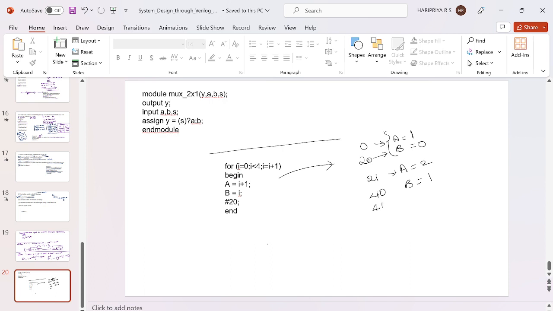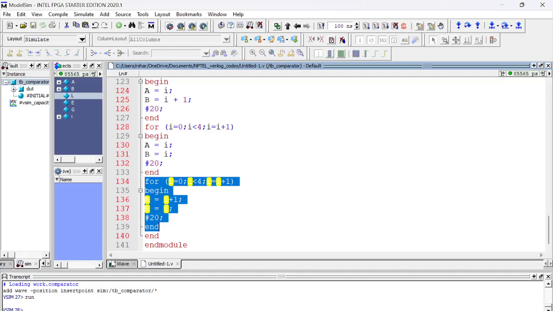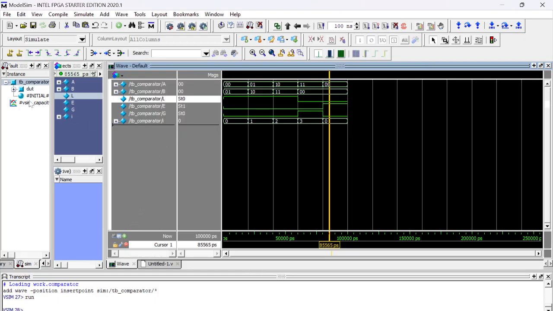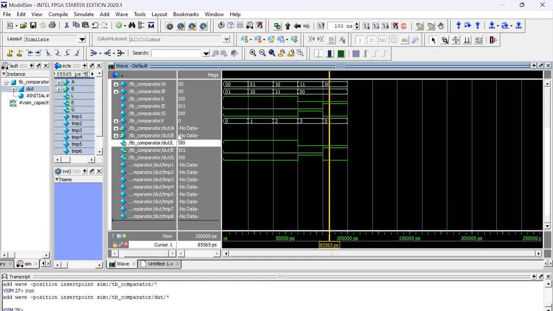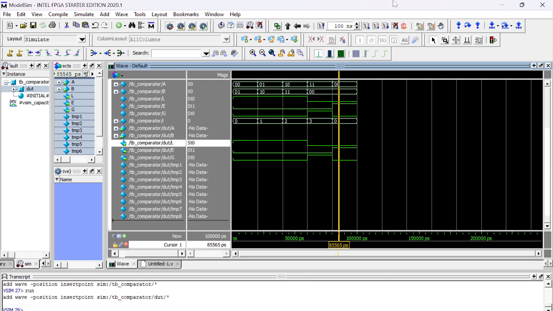From 41 till 60, A equal to 3, B equal to 1. This is what it is following. You can add all the waves, so that is AB I wanted.